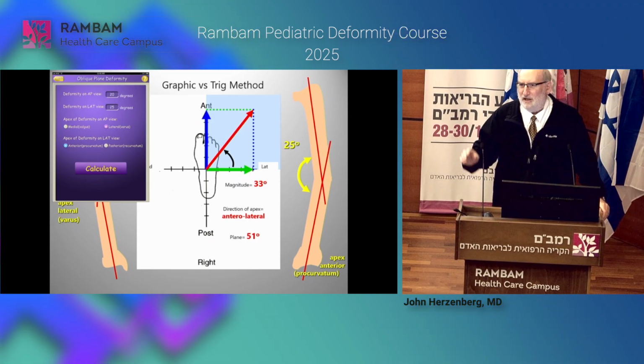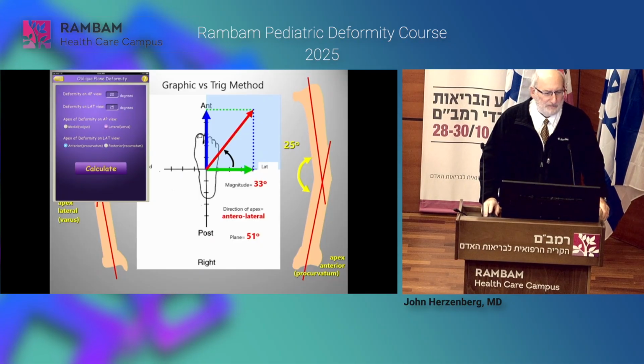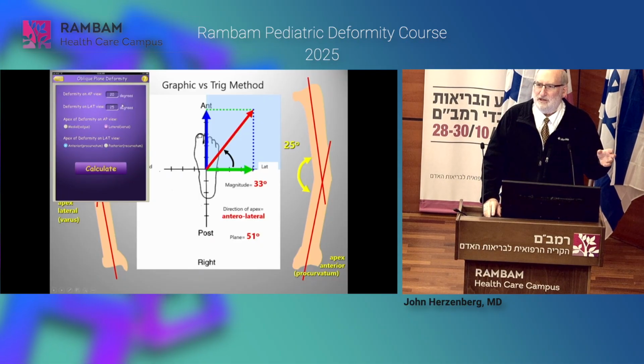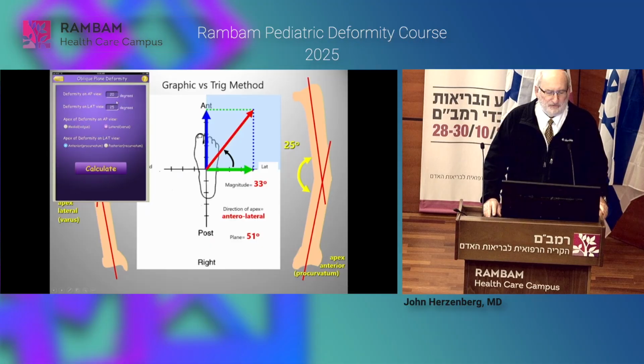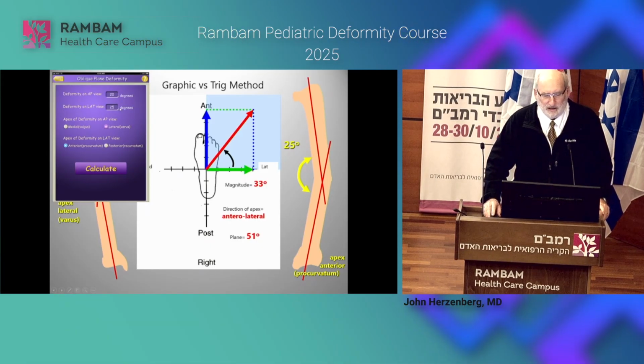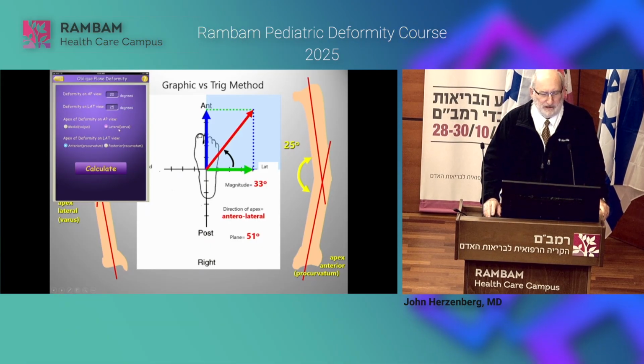Anybody? Okay. Hidden in the multiplier app, we've got the oblique plane deformity calculations. I can put in, for example, that in this case we've got 20 degrees of AP deformity, 25 degrees of deformity on the lateral. In the AP it's varus, in the lateral it's procurvatum.